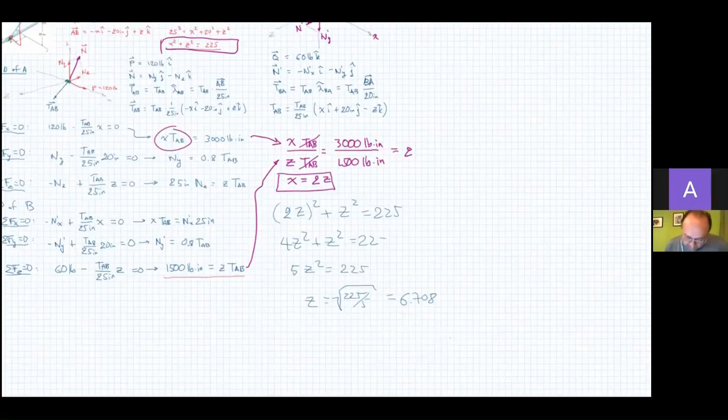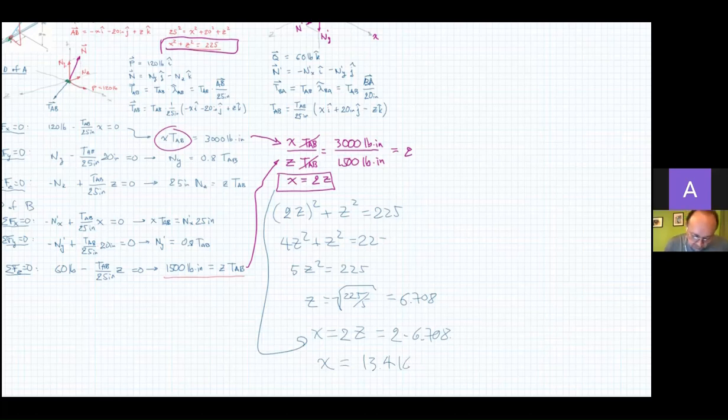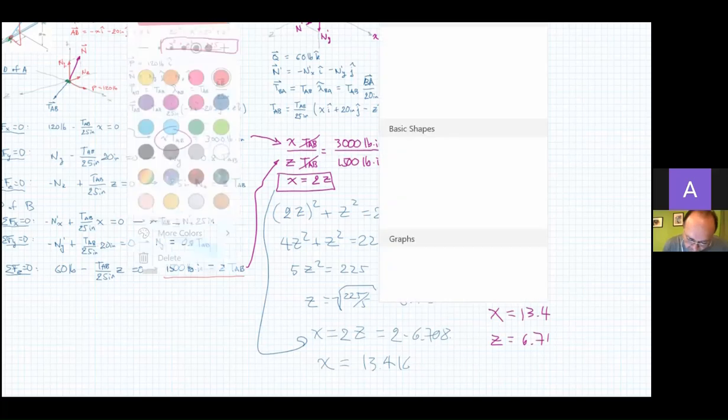And x equals 2z, so 2 times 6.708 is 13.416. So we got our solution: x equals 13.4, z equals 6.71. All right, and everybody happy.